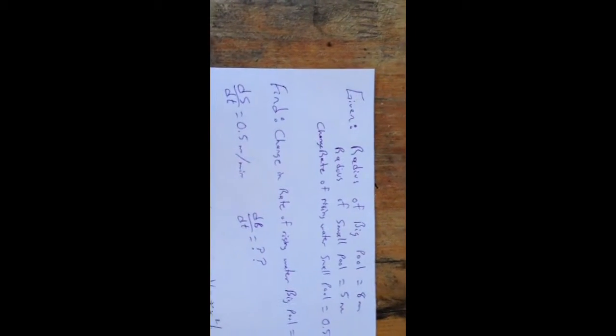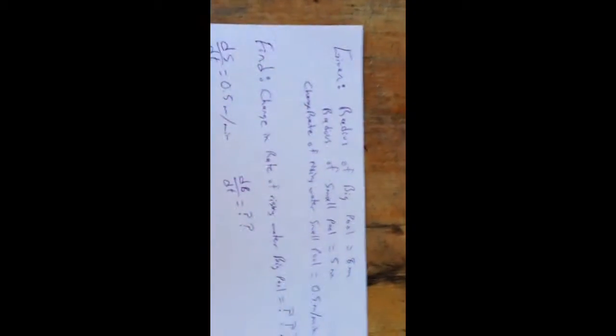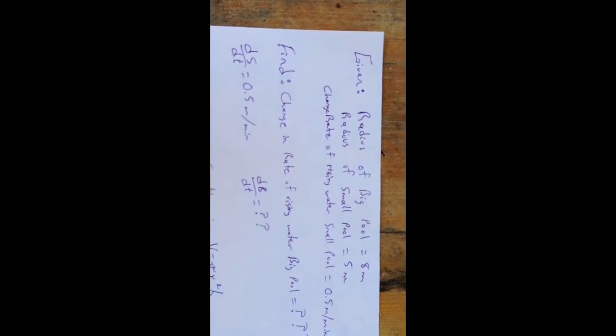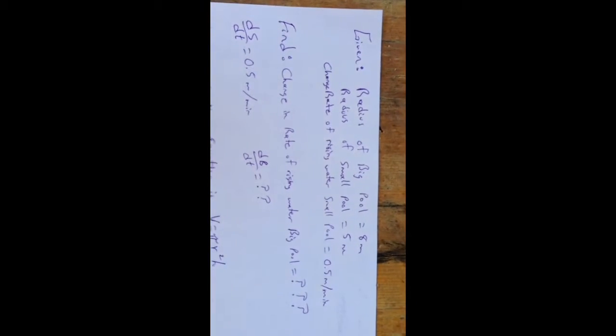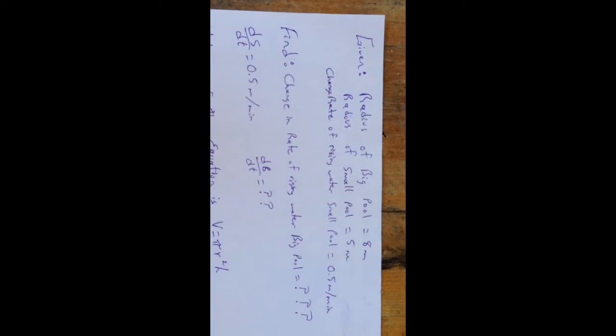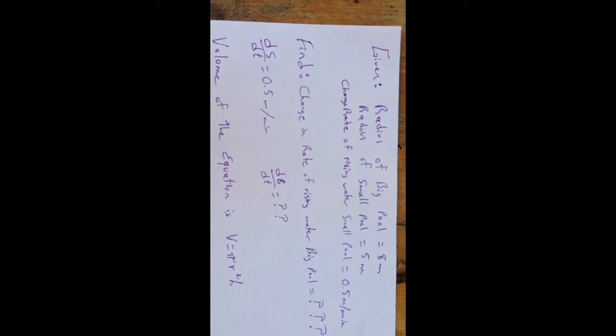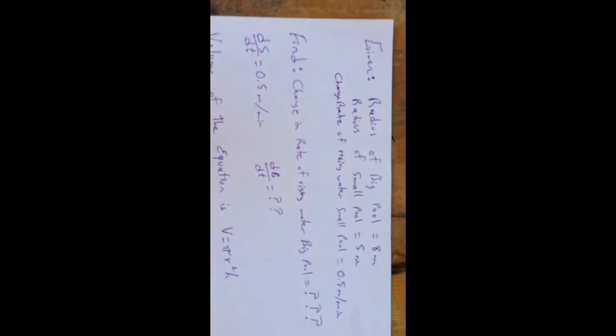So we can start doing this problem by knowing what they're giving to us. So we know that they're giving to us the radius of the big pool, which is 8 meters, and the radius of the small pool, which is 5 meters. They also give us the changing rate of the rising water of the small pool, which is 0.5 meters per minute.